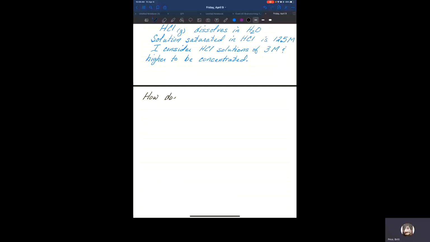How does a solution form? This is probably one of the last times we're going to be really mentioning intermolecular forces in a formal way as part of lecture.